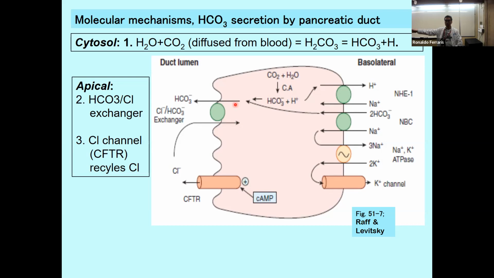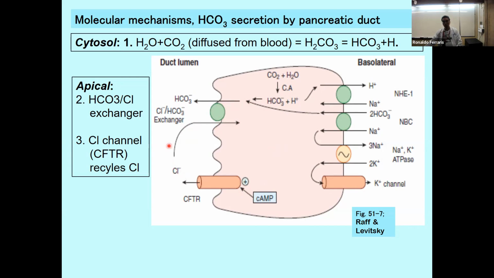Now, you're a pancreatic duct cell, what is your biggest headache? Your biggest headache is now protons, because your biggest secretion is bicarbonate. Okay, you want an alkaline secretion. And so the bicarbonate is then exchanged with chloride.